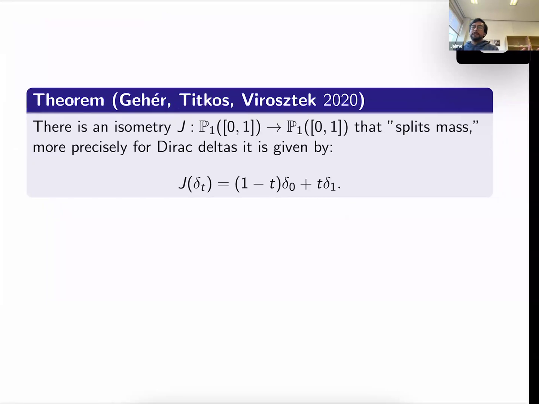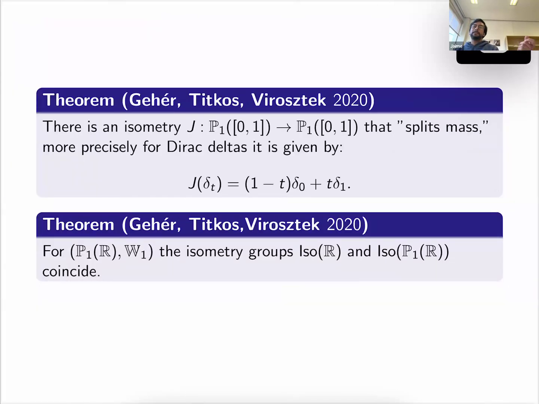But the funny thing is that if you look instead at not the closed interval, but the whole line R, then the isometry groups of R and of the L1 Wasserstein space do coincide. So this is very curious, that even if you still have geodesics that do split mass, that move not along geodesics but along other curves in Wasserstein space, sometimes you cannot expect these exotic isometries to appear.